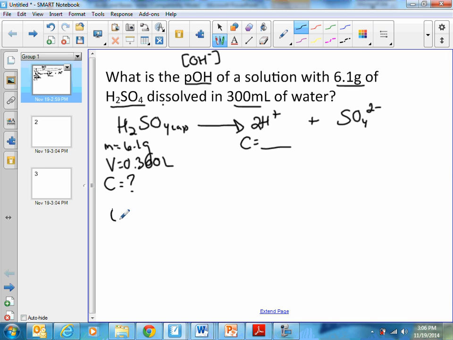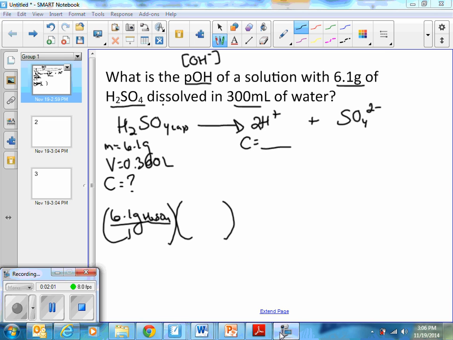So my first step is to cancel out those grams. 6.1 grams of H2SO4 times the molar mass of H2SO4. The molar mass is 98.09 grams per mole for H2SO4.